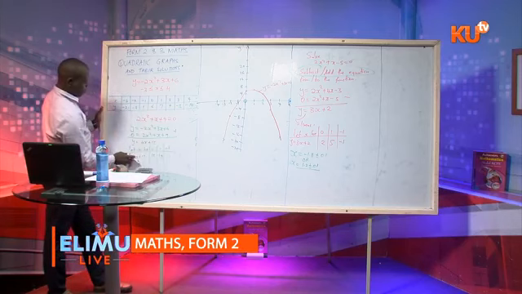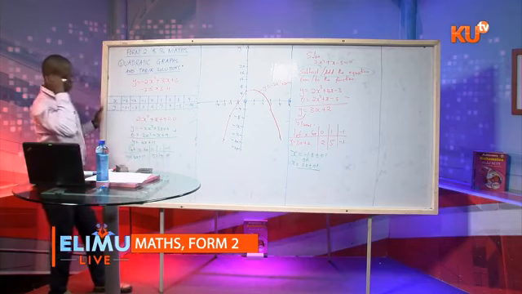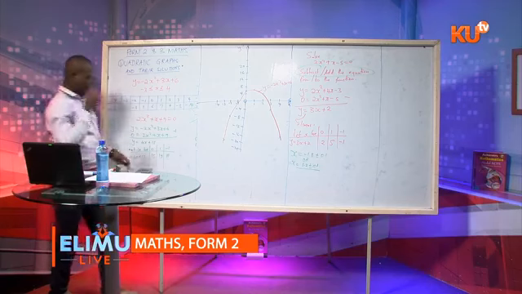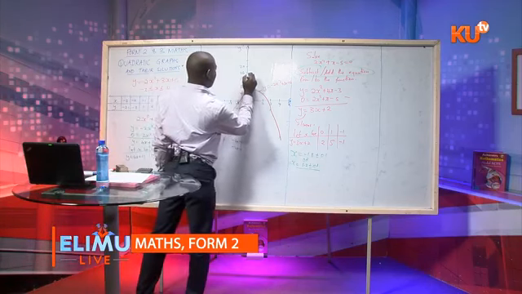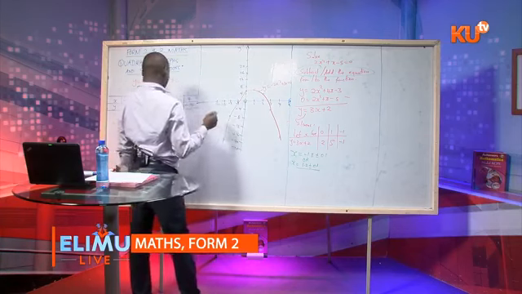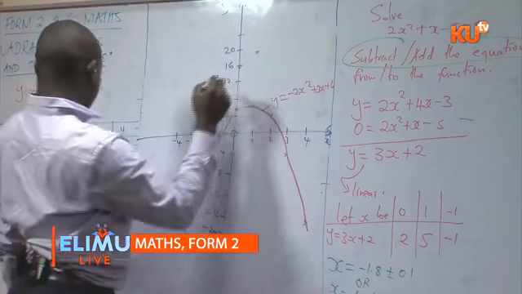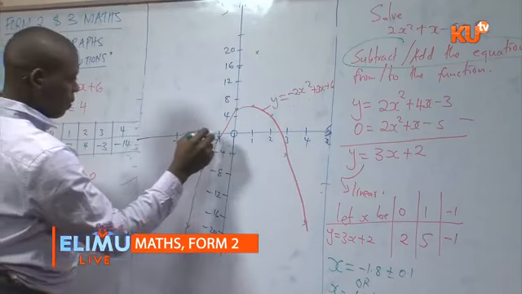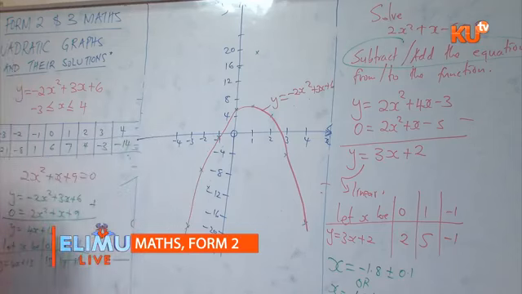And when x is -1, then we end up with 11. So we plot those values: 0, 15 will be somewhere here, then 1, 19, and -1, 11.